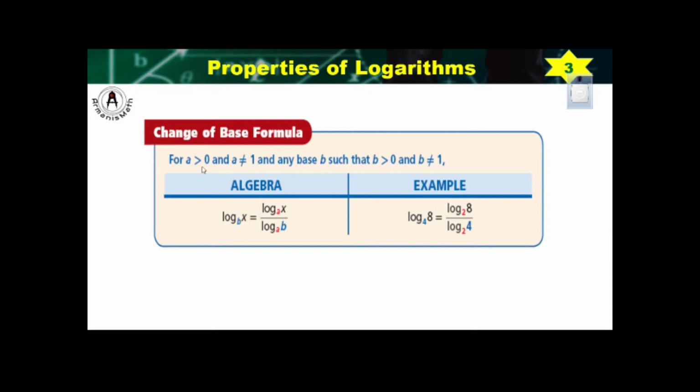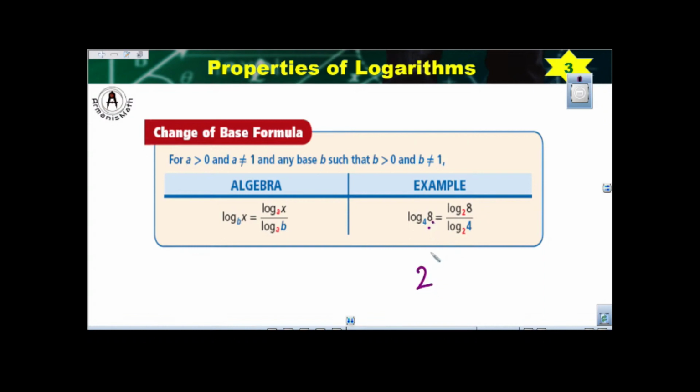Another property here is the change of base formula. You're able to change your base, and we'll obviously keep this towards the end. It goes like this. For example, if you have log base 4 of 8, think about a base that is common between the 4 and the 8.